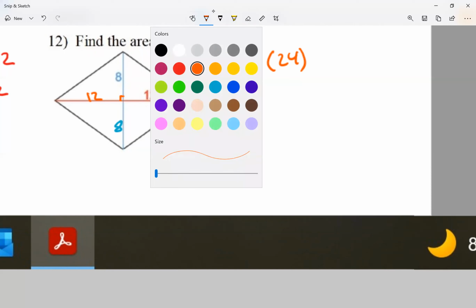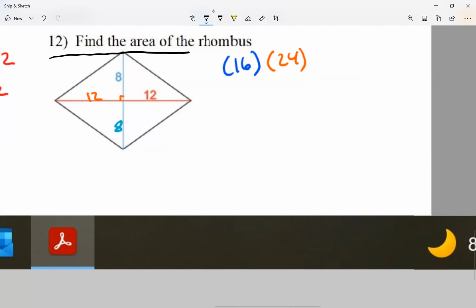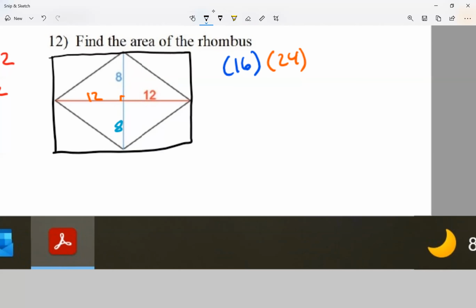That will give me this big rectangle. But my rhombus is also just half of my rectangle. So I'm going to divide this by 2. So I'm going to go 16 times 24 divided by 2. You have to go one diagonal times the other diagonal.